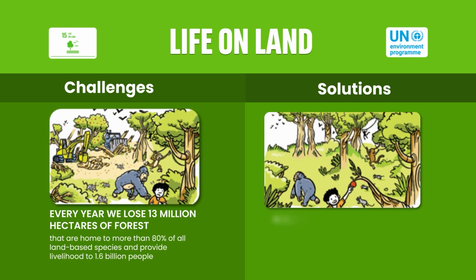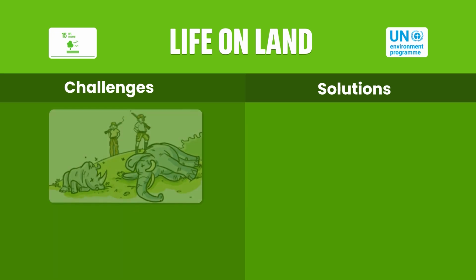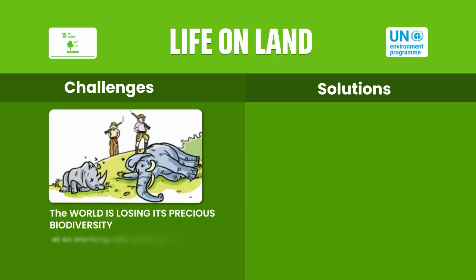What can we do? The possible solution is to halt this deforestation and restore degraded forest to protect this beautiful habitat. At the same time, out of our own greed, we are losing precious biodiversity at a highly alarming rate, pushing about 22% of animals to the brink of extinction.